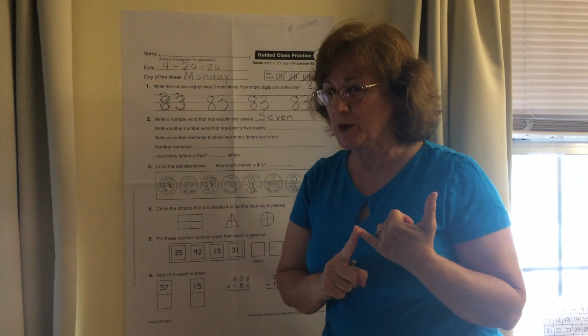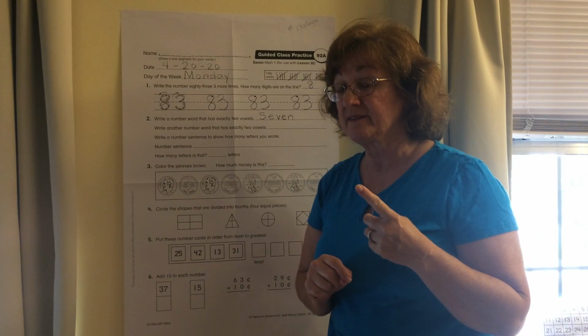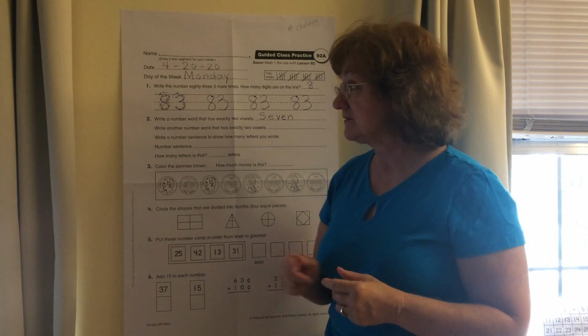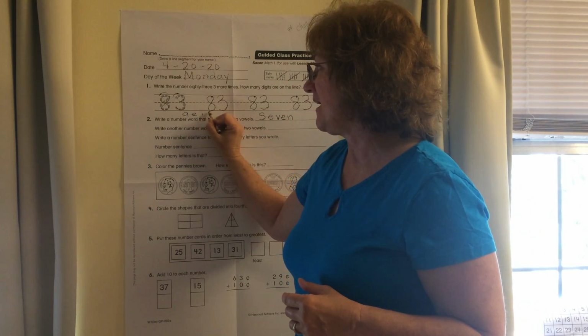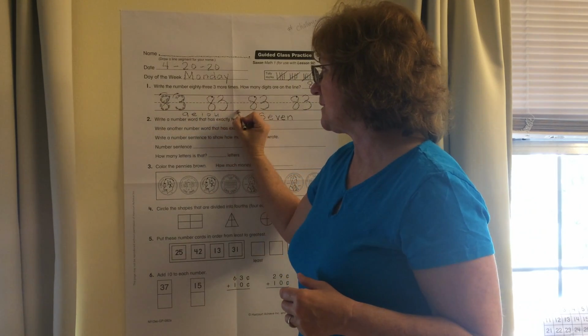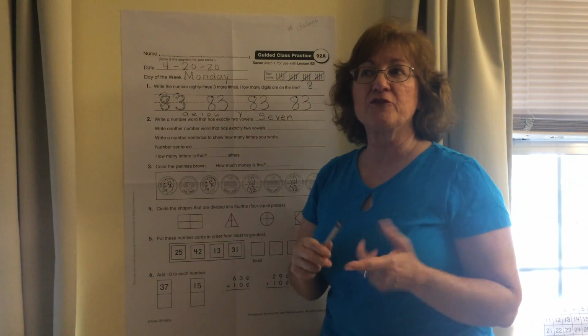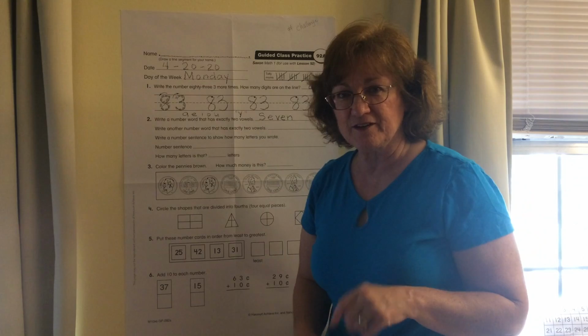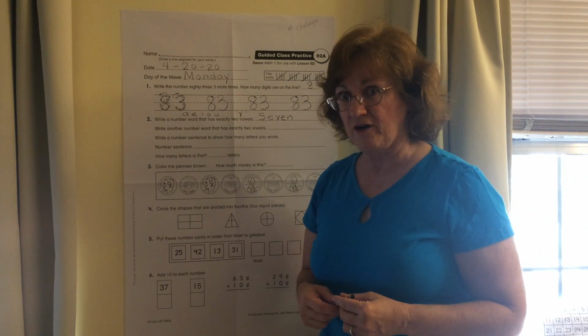If you did 0, it has 2. Number 1 has 2 vowels. Remember, you're looking for A, E, I, O, U, sometimes Y. 3 has double E's. 4 has 2 vowels. 5, so far, they all do.